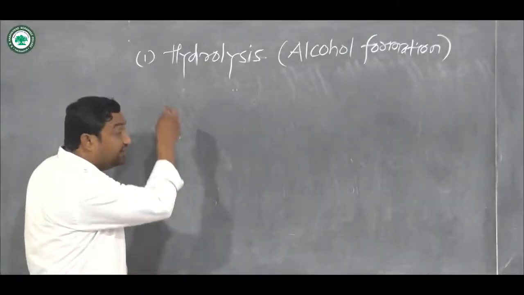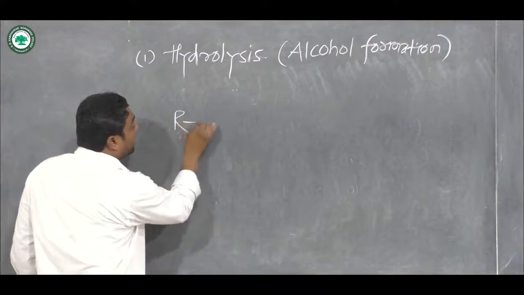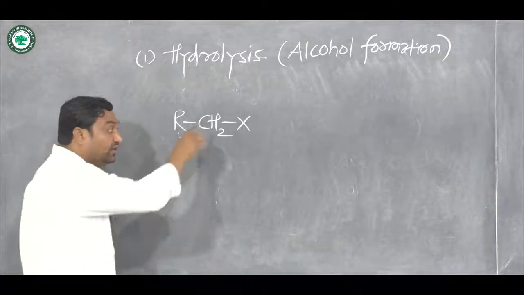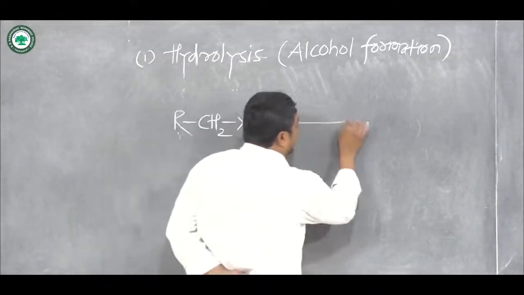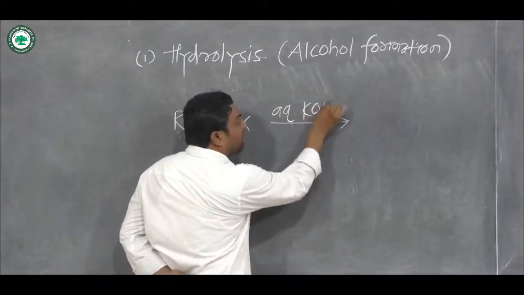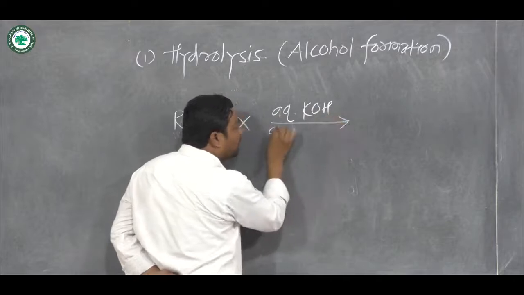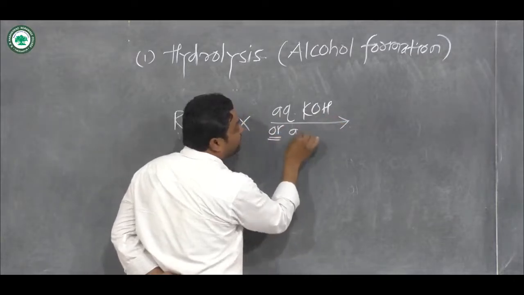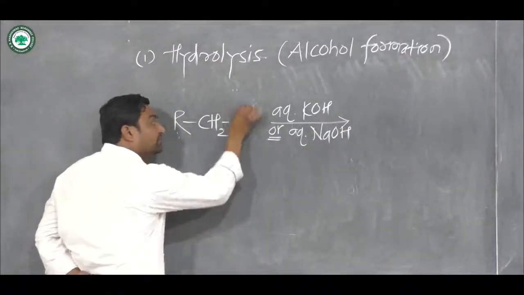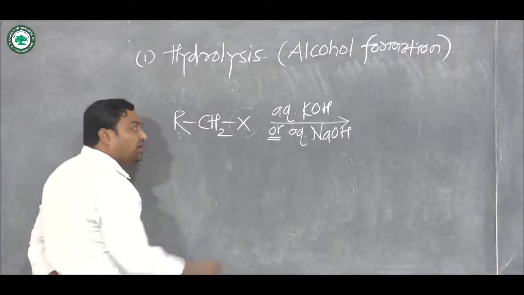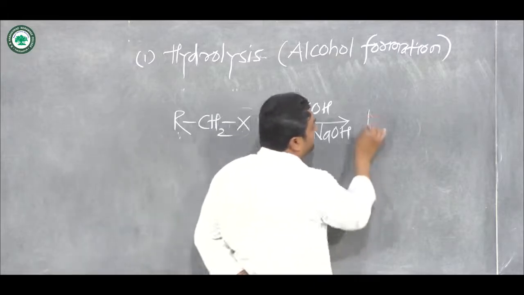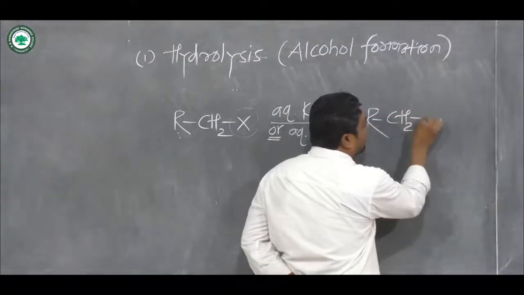When alkyl halide, RCH2X, is treated with aqueous KOH, or instead we may use aqueous NaOH, the halogen atom of the alkyl halide is replaced by OH.